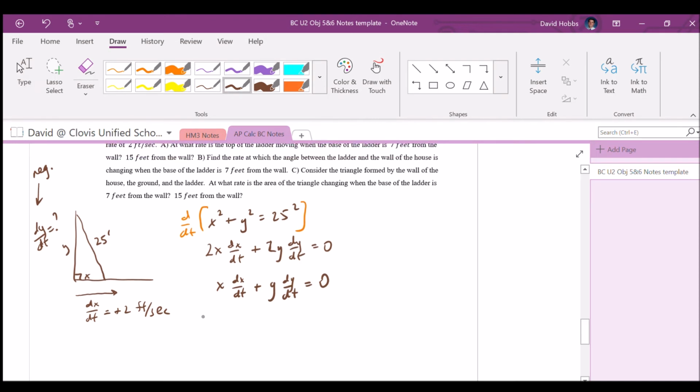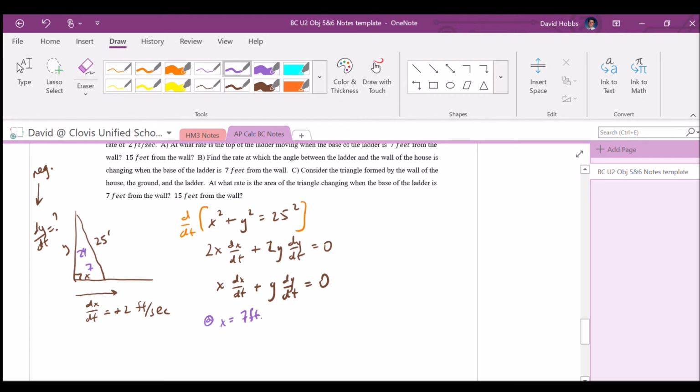So at x equals 7 feet, this is an instantaneous measurement. These numbers are very nice. So what would y be? 7, blank, 25. Well, y would be 24 at that precise moment in time.